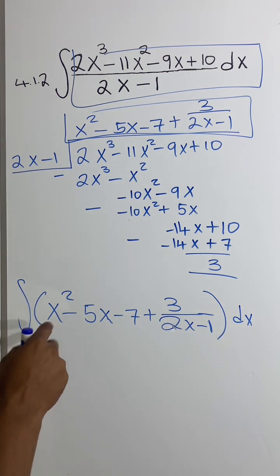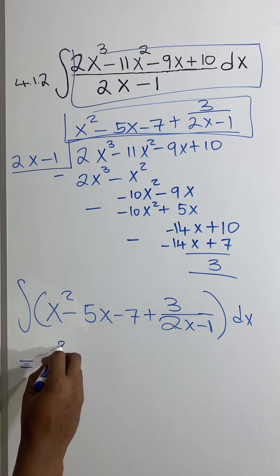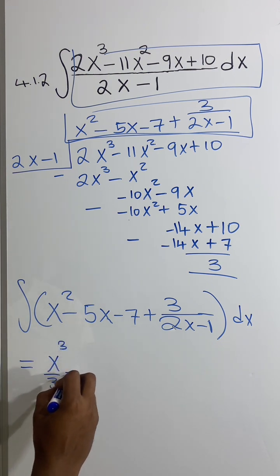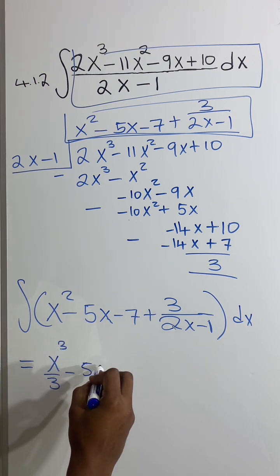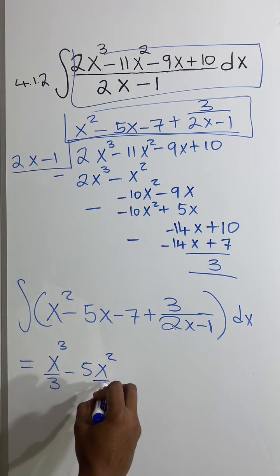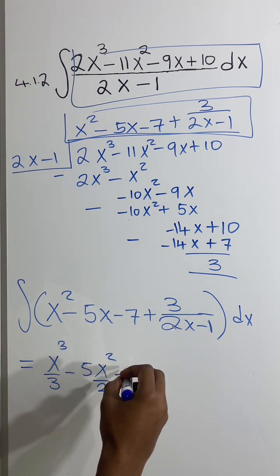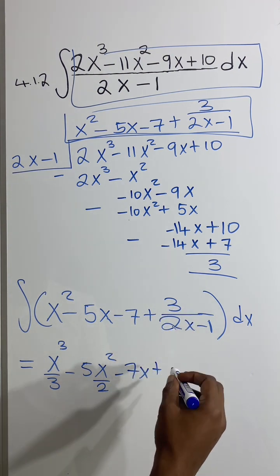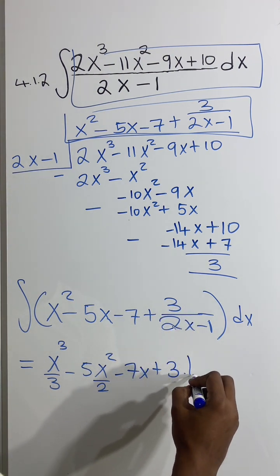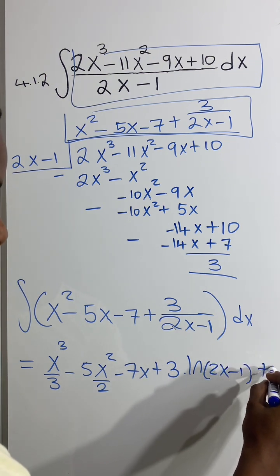Standard integration, integrating x squared is equal to x cubed over 3. Integrating 5x, we get 5x squared over 2. Integrating negative 7, we get negative 7x. And integrating 3 over 2x minus 1, we get 3 over ln of 2x minus 1 plus c.